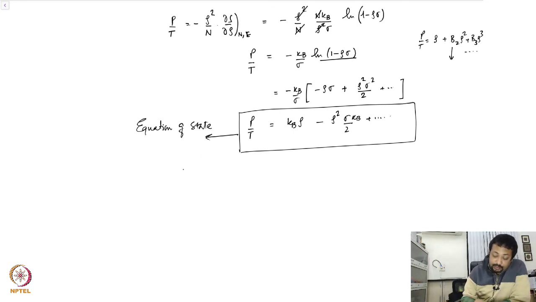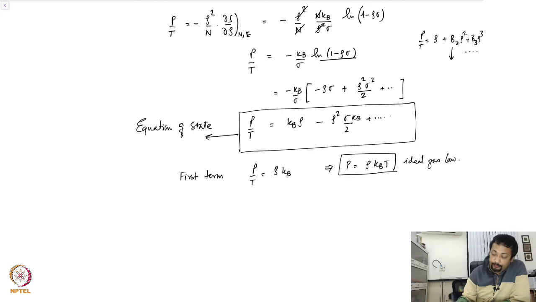So looking at this, the first term, which is P by T, is rho times kb, which implies that pressure is rho kbT, the ideal gas law. The rest of these are corrections to this ideal gas law, and one immediately sees that b2, the coefficient of rho square, is minus sigma kb over 2.